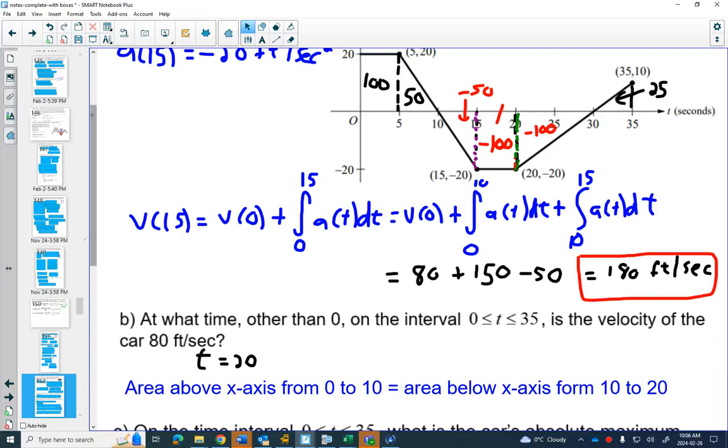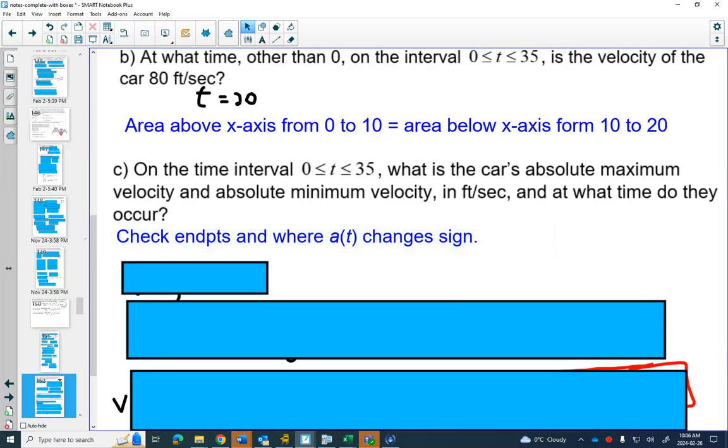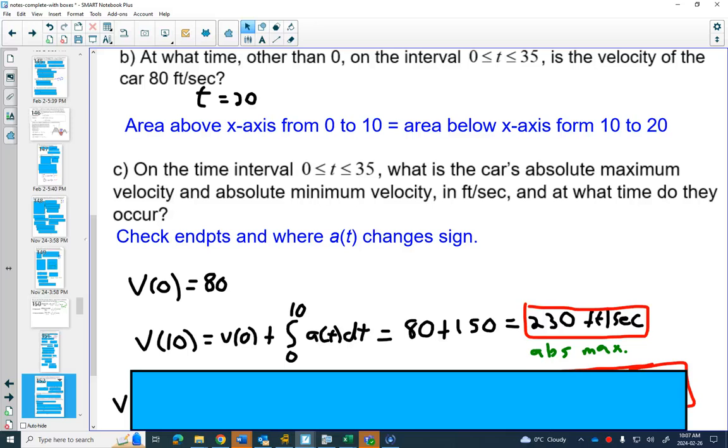When we get to this point, we'd be at minus 20, and then we add 25 again. So based on that accumulation of change, starting off with 80, all of those positive accumulations of change, that extra 150 that gets added on, you would get a maximum velocity of 230 feet per second.